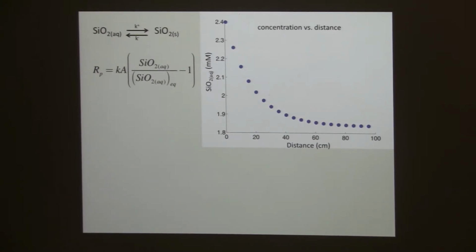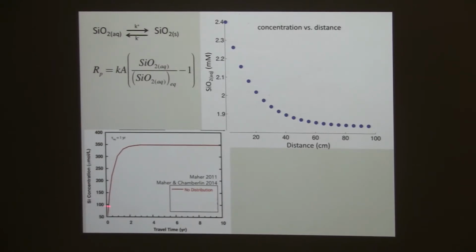It happens for precipitation. So here is me running another one of my little numerical simulations, where in this case at the inlet I have a high concentration and I'm precipitating amorphous silica with distance along the flow path. It happens for dissolution. So here's Kate Maher doing a model of concentration of silicon as we dissolve it from 0 up to some equilibrium value in solution.